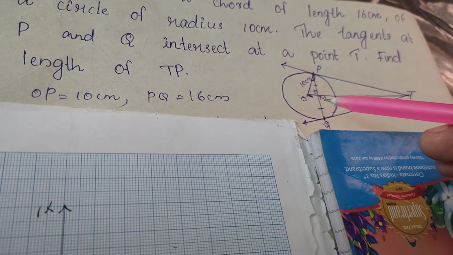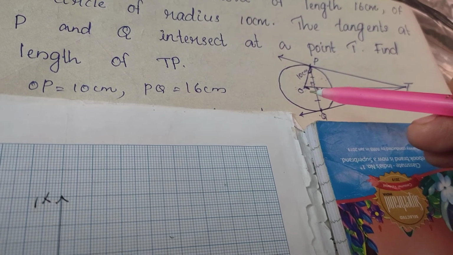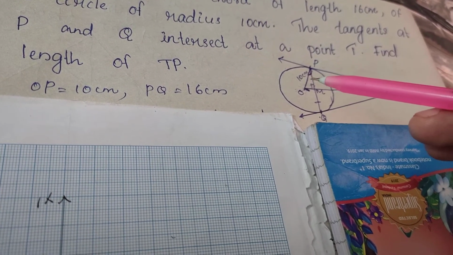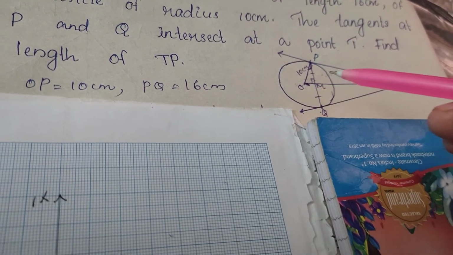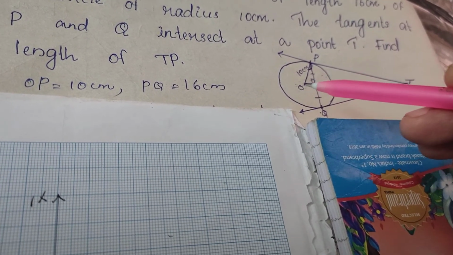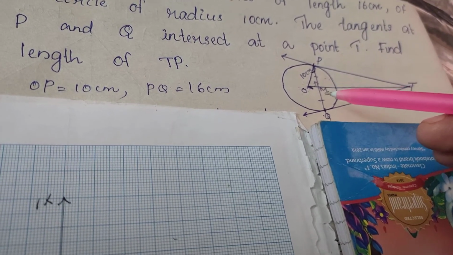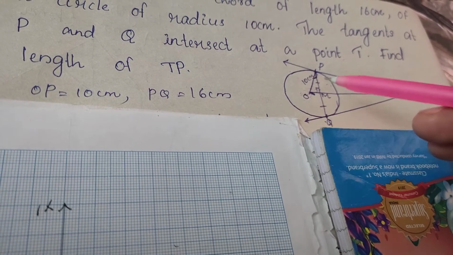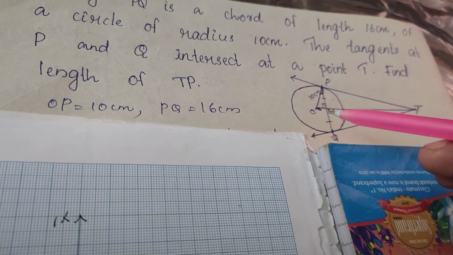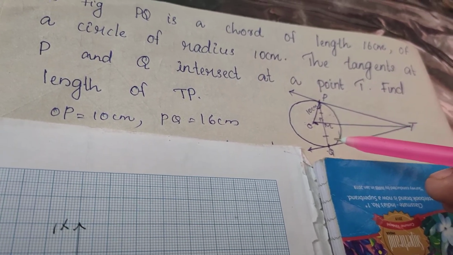In class 9, we studied a theorem: the perpendicular from the center to a chord bisects the chord. So OM, the perpendicular from the center, bisects the chord PQ. Bisect means two equal parts. So this perpendicular OM divides PQ into two equal parts.